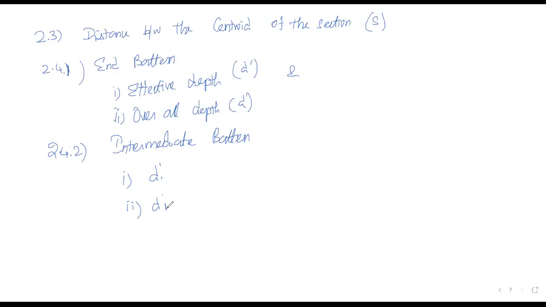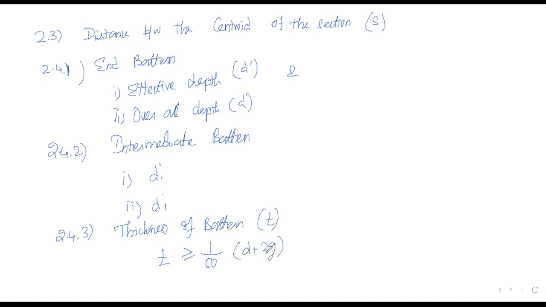Then we have to go for thickness of battens, T. T should be greater than or equal to 1 by 50 of D plus 2G.